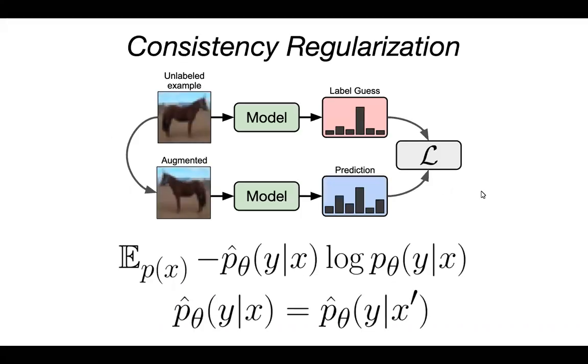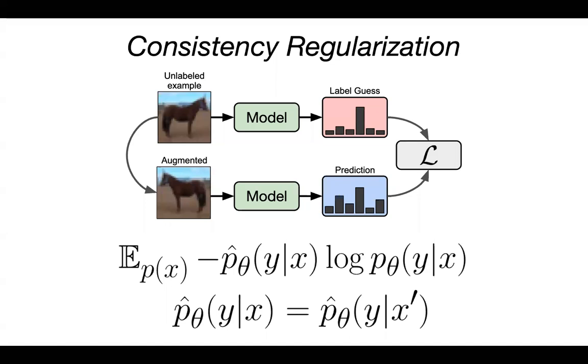So now I'll talk about one other very effective form of semi-supervised learning that people use these days. It's called consistency regularization, and MixMatch and FixMatch, for example, on that plot that I showed at the beginning of the talk, both use consistency regularization.